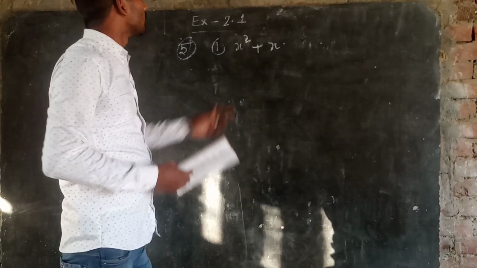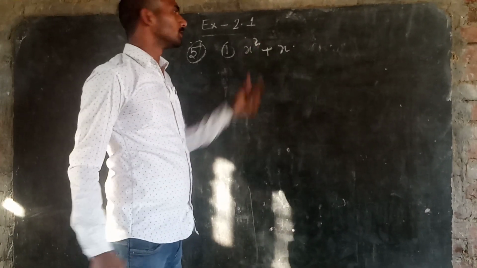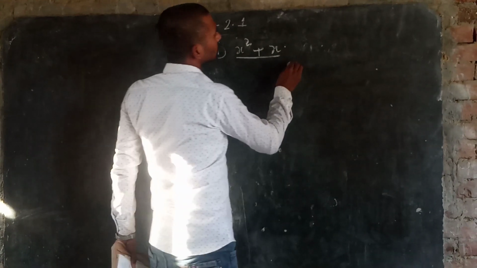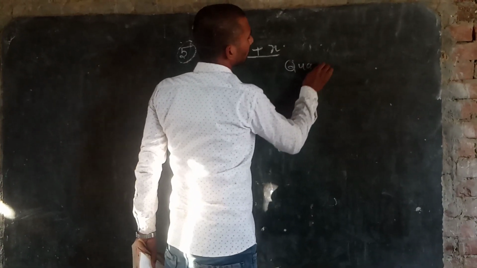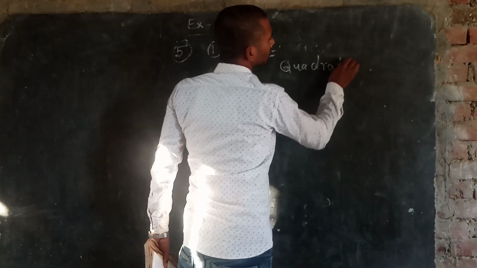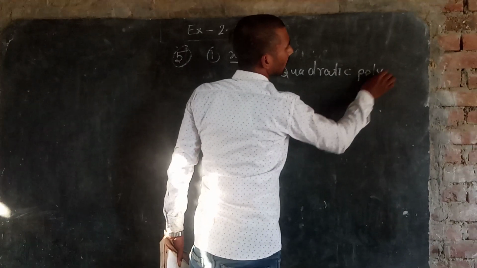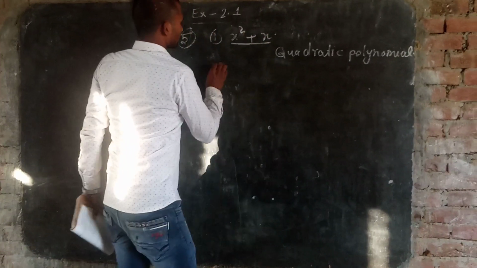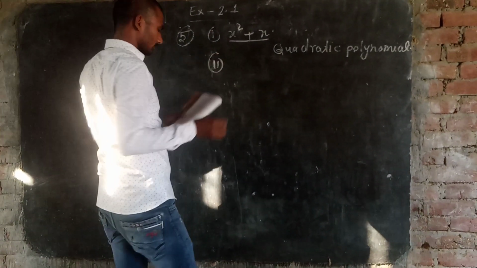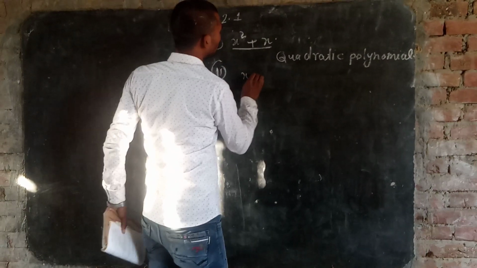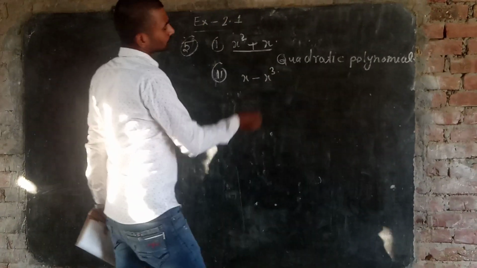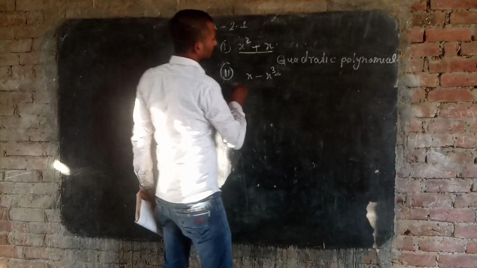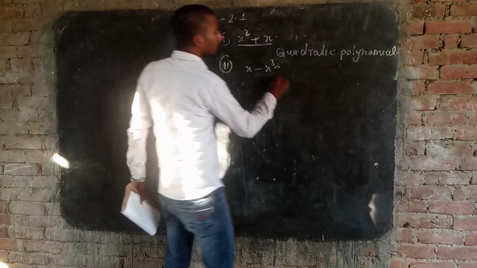In this question the highest power is 2, so this is a quadratic polynomial. Second, x minus x cube. Here the highest power is 3, and if the highest power is 3 then this polynomial is a cubic polynomial.